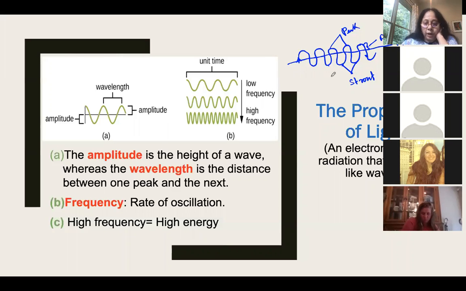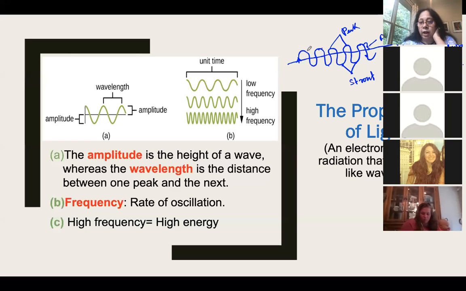Now the rate of oscillation, that's called frequency. Rate of oscillation means how many peaks or how many waves it can make per unit time.